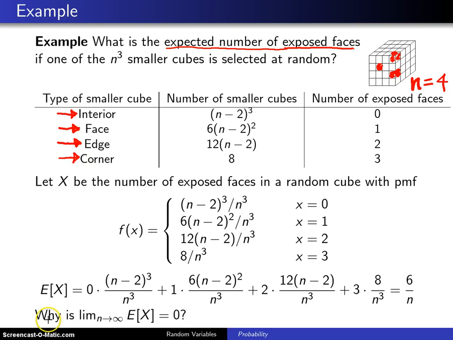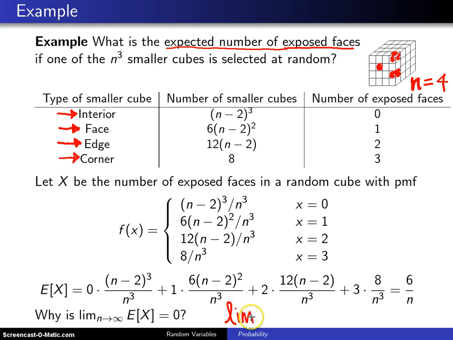So one question that might come up is, as our big cube gets bigger and bigger, in other words, as n grows, why is the expected value of x in the limit 0? And the answer to that question is as follows.